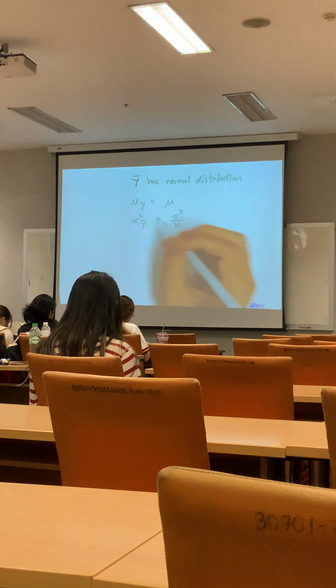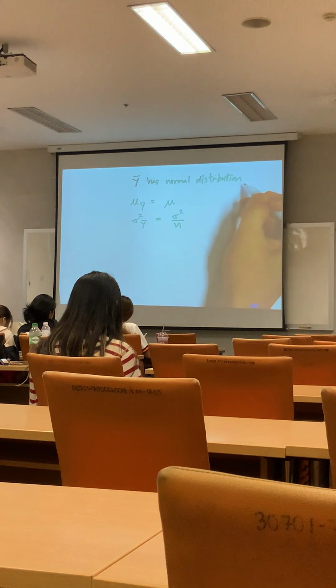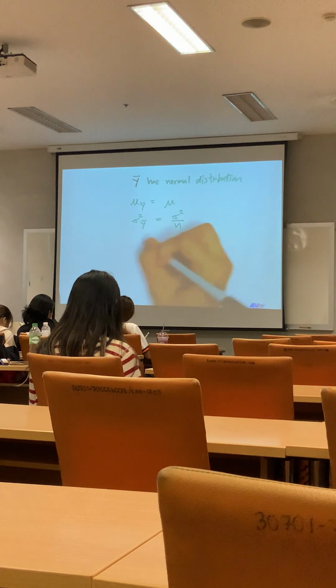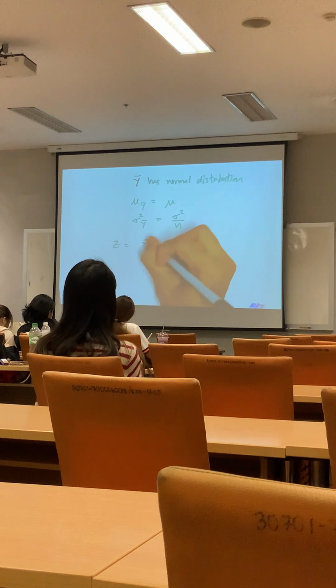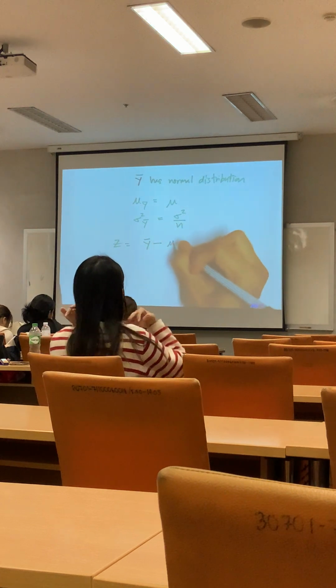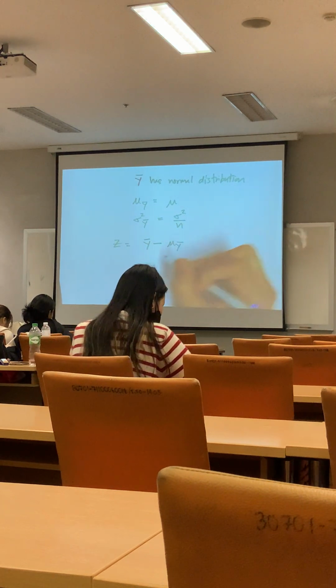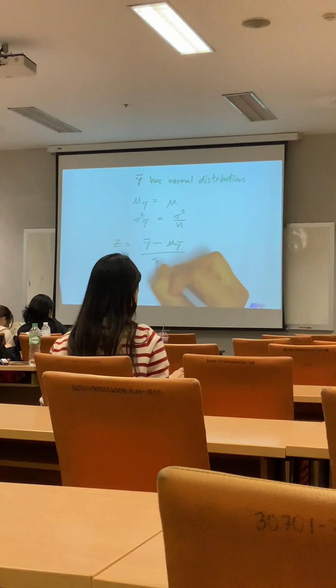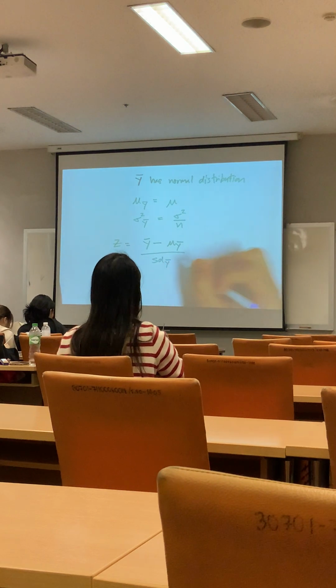So because y bar has a normal distribution, we can use the Z table, but we have to set Z equal to y bar minus the mean of y bar, divided by the standard deviation of y bar.